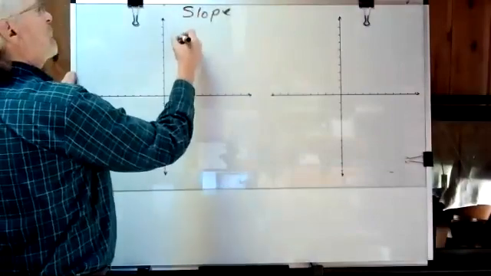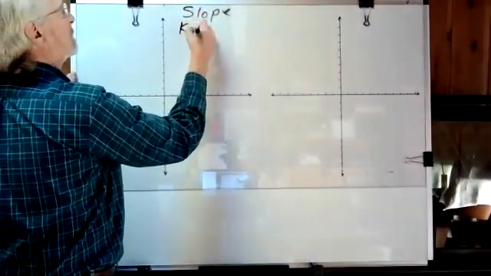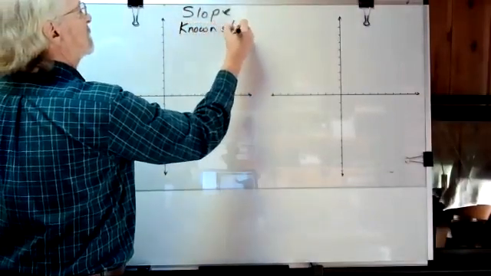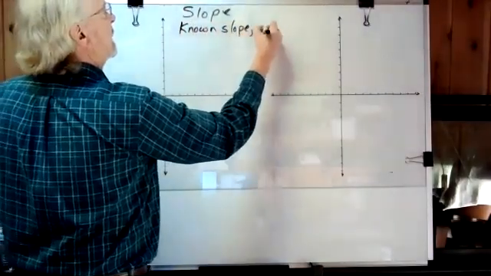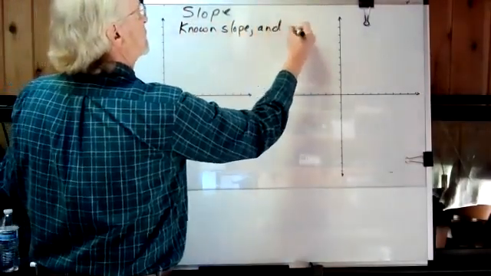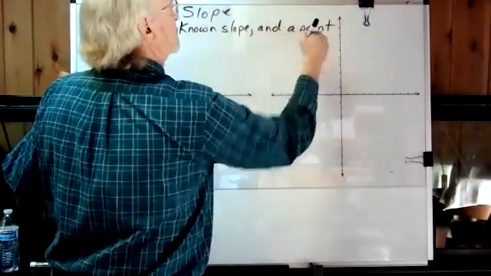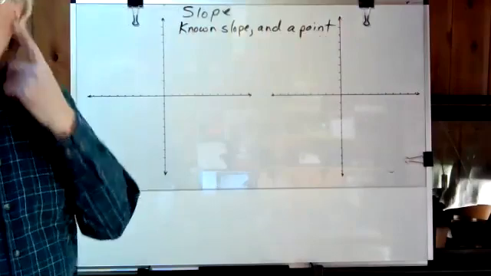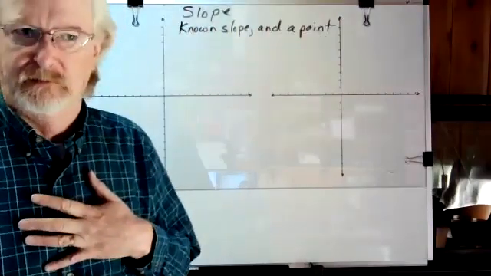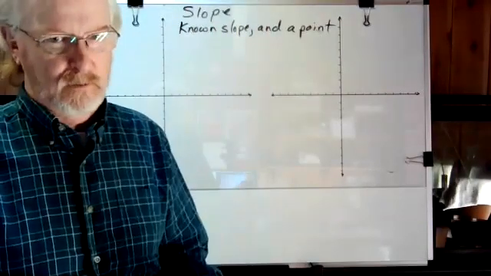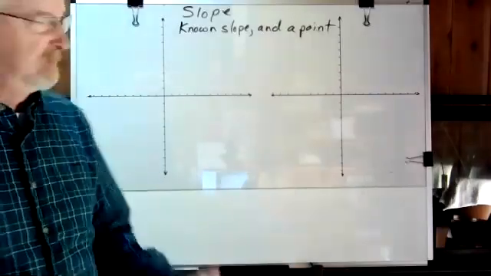What if I know the slope and I know a point? I ought to be able to graph that line, if I know the slope and a point.